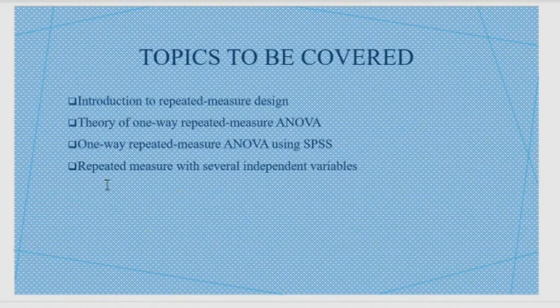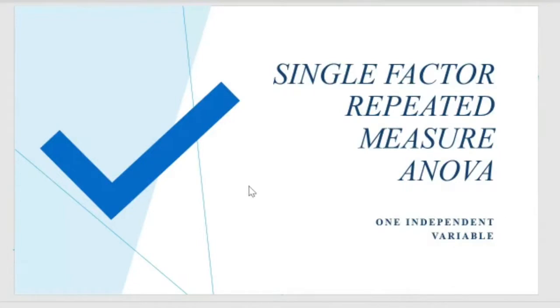The first one that I'm going to discuss is single factor repeated measure ANOVA. Like in the last class we discussed single factor or one-way ANOVA, similarly, it is a one-way ANOVA, but it is repeated measure. So there is one IV, one independent variable, and that variable has more than two levels.